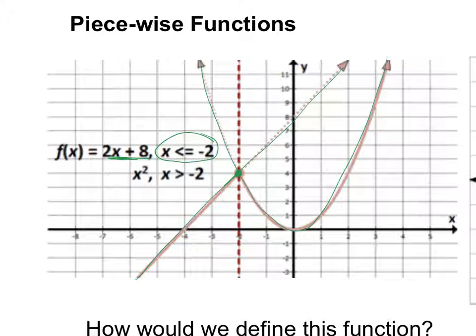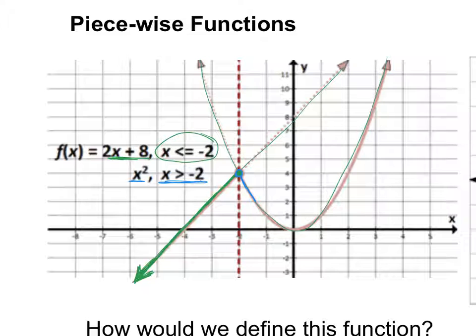So here's where x is negative 2, and we're going to be on this line forever to the left. However, the second part says once we get past negative 2, so I'm going to put an open point here, we follow this road.